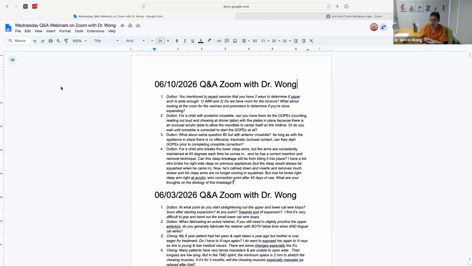Question. For a child who breaks the lower clasps arms, but the arms are consistently maintained 45 degrees each time he comes in, and he has correct insert removal technique, can this clasp breakage still be from biting it in place?